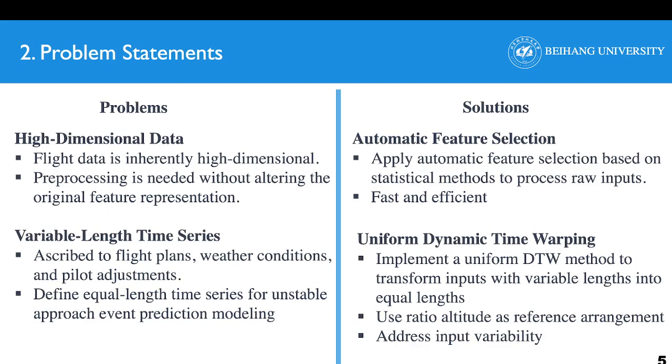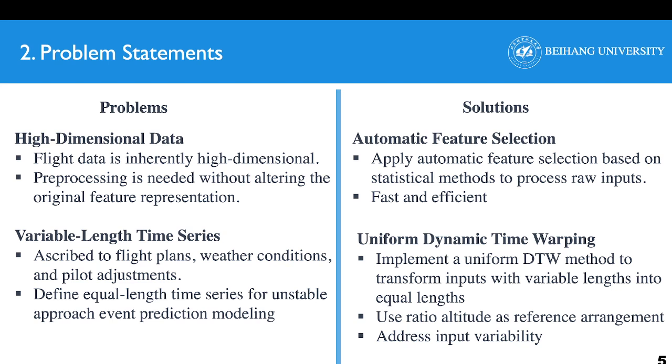So let's talk about the problems of data preparation. First, flight data is highly dimensional. Also, the length of the time series data from recorders can vary significantly due to factors like flight plan, weather conditions, and pilot adjustment and so on.